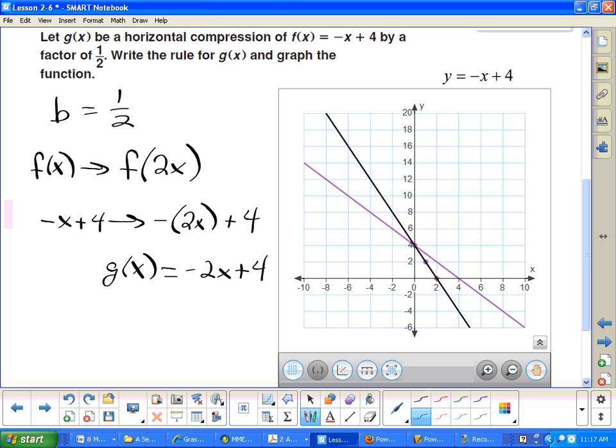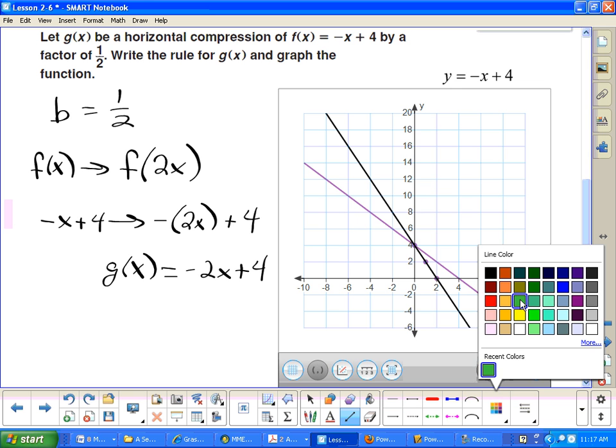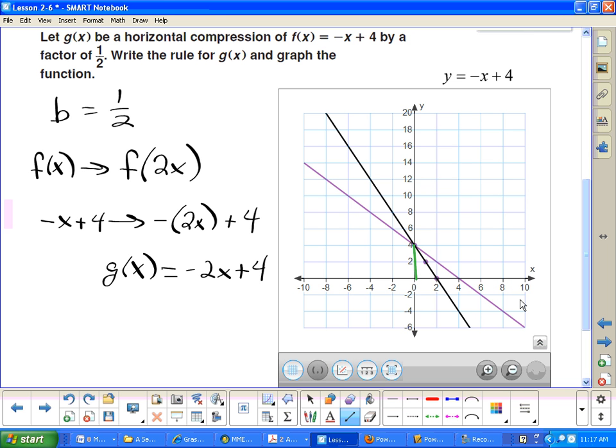The y-intercept is still 4, right? Okay, so we have the plus 4. Well, let's check our slope now. So I'm going to go down 4 and over 2 for my slope. Down 4, that means it's negative, right?